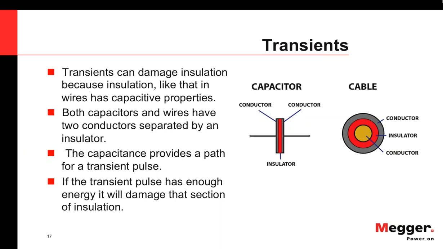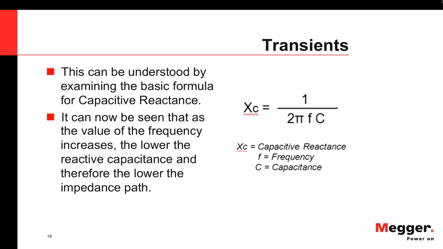And the longer the cable is, the more surface area you have, the higher the capacitance you have. And basically, we can understand how damaging the transient can be to the insulation based on this simple capacitor reactance formula. As the frequency goes up, the capacitive reactance goes down.